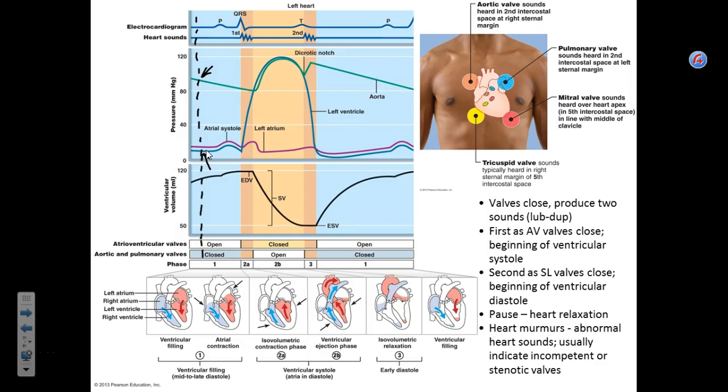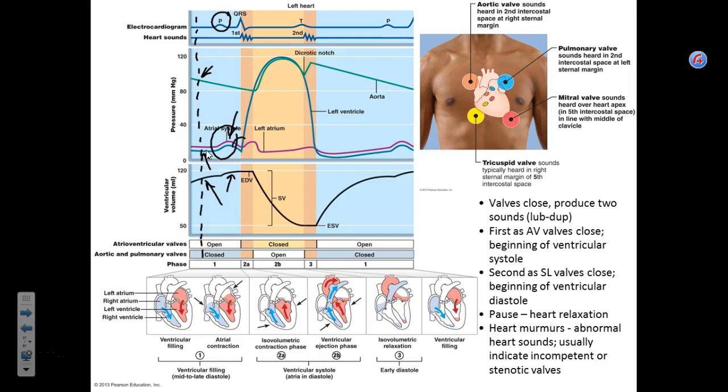So blood freely flows into the ventricle. And then you have what? Depolarization of atria, meaning atria start to contract. Does that make sense? You can see it by the pressure. So atrial pressure increases, and ventricular, of course, increases because blood is pushed in.